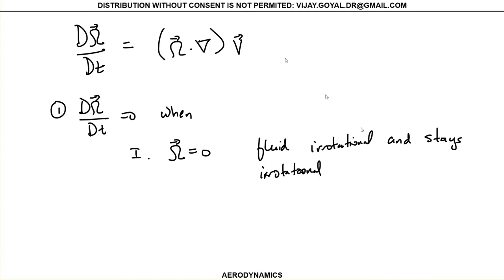Now there is another condition, the second item, which is when the vorticity is perpendicular to your stream velocity. When that happens, this expression, the gradient of this times the velocity, actually gives you zero.